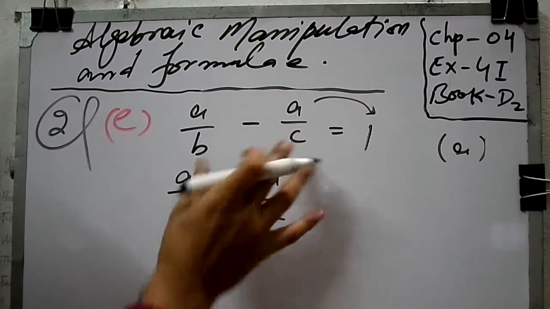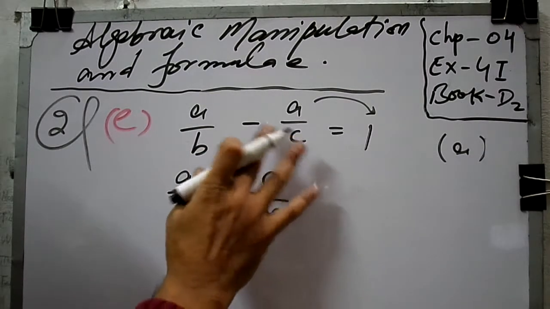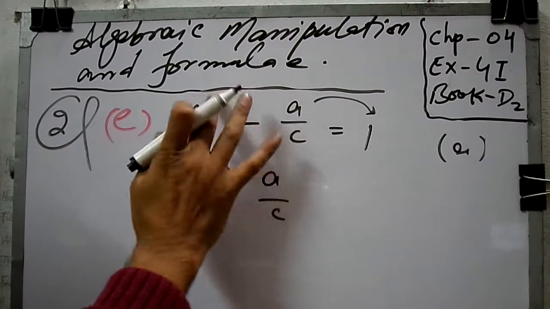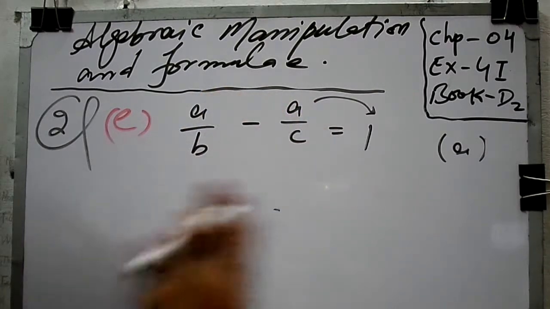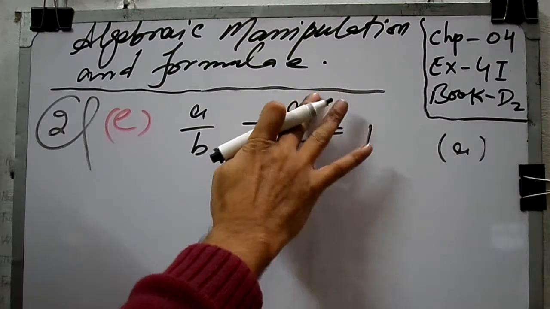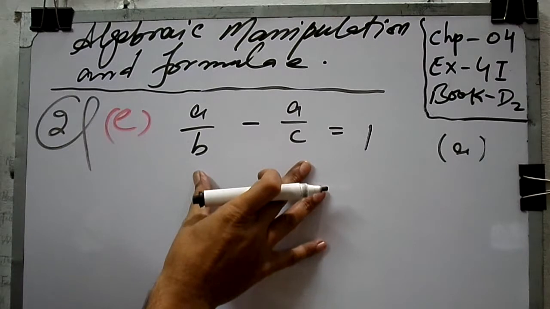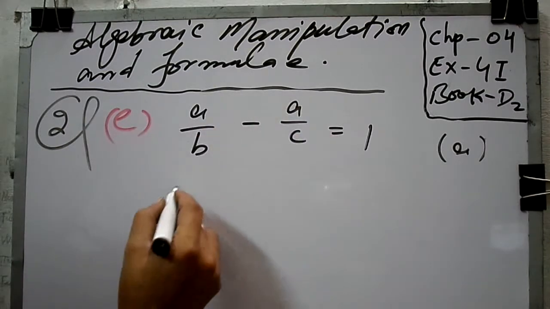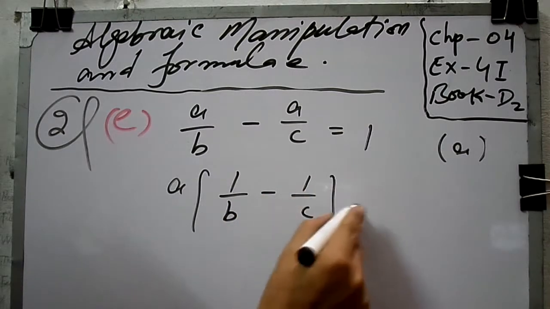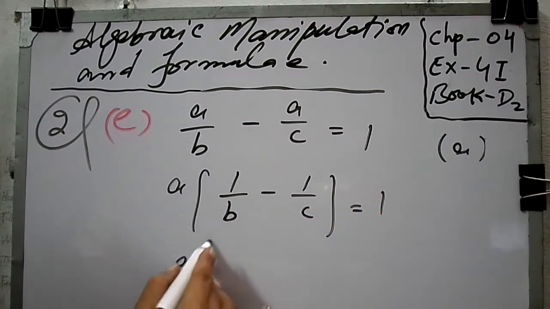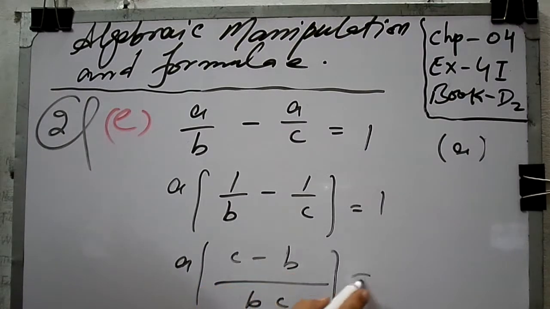Another method is also possible, by taking LCM, because when there are two A's, you have to take A common first. So before shifting, this question can be solved by a simple method: take A common, and you will get 1 by B minus 1 by C is equal to 1. Taking LCM, that is BC, you will get C minus B over BC is equal to 1.